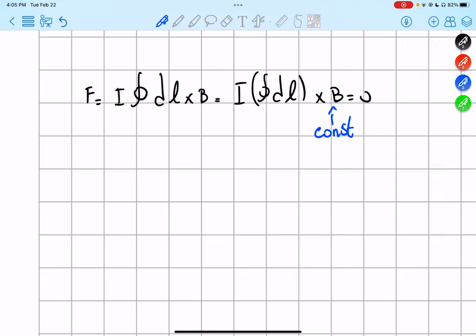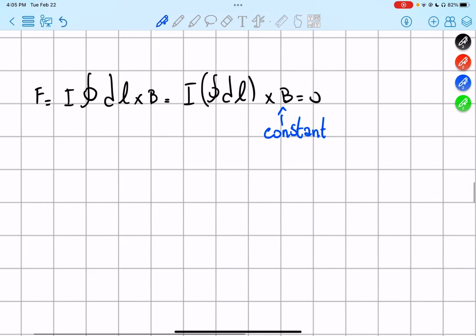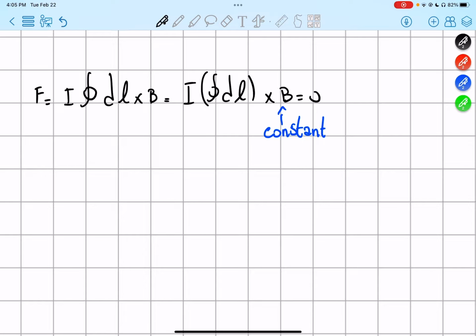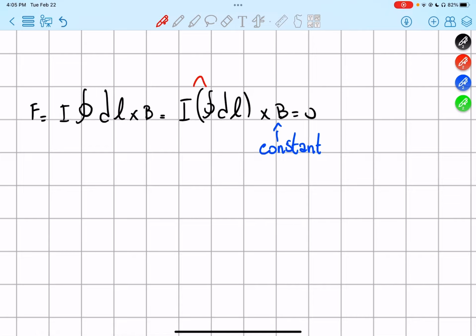You just said it's a uniform field, and since this is a closed loop, the integral of dl ends up being zero.